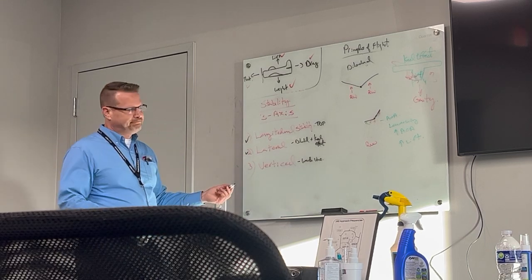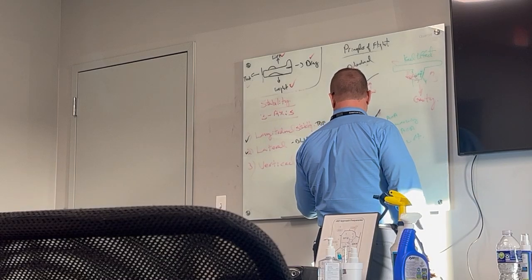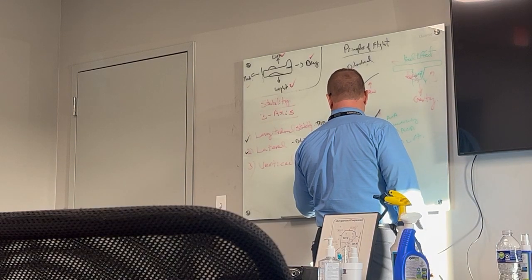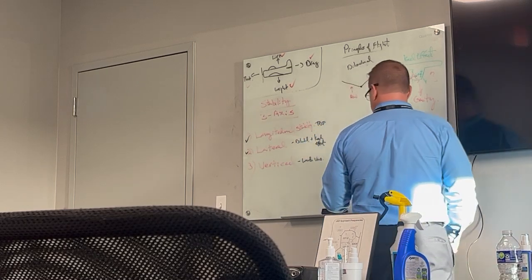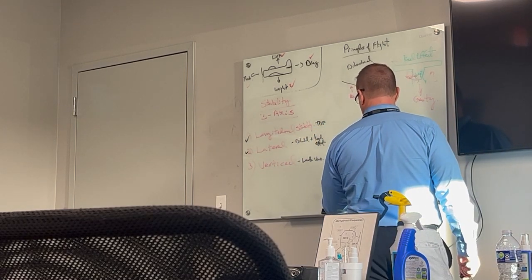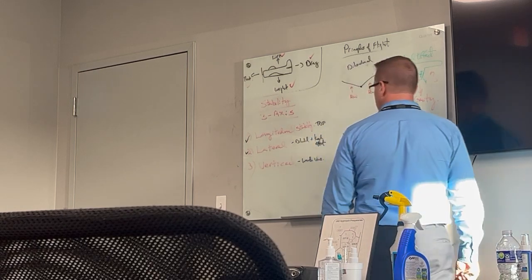And the vertical, so simple, right? Just basically have a plane flying straight along, and all of a sudden we get yawed to the side.